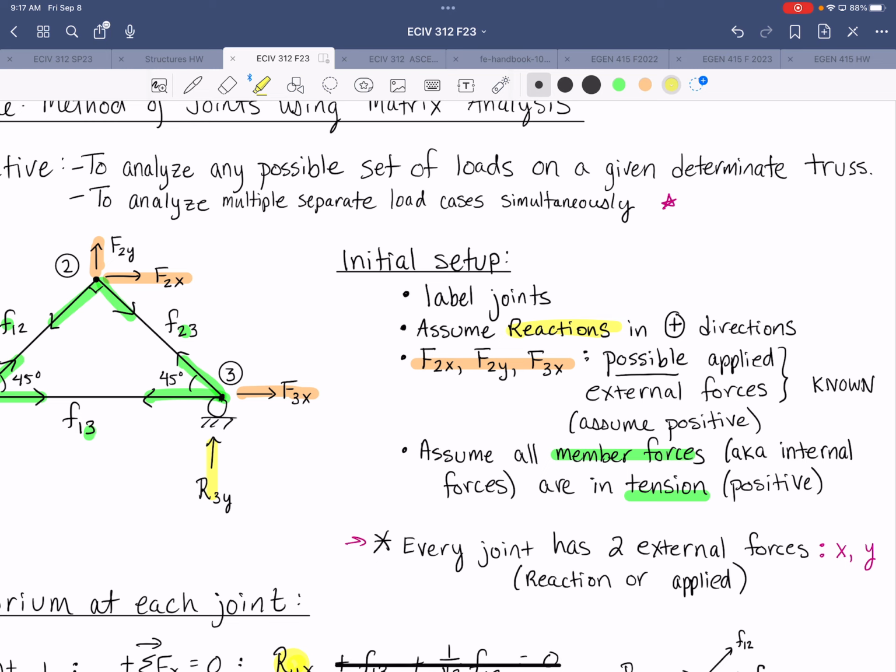Because our goal is to analyze multiple separate load cases at the same time, I'm going to call lowercase c the number of load cases that we want to analyze.